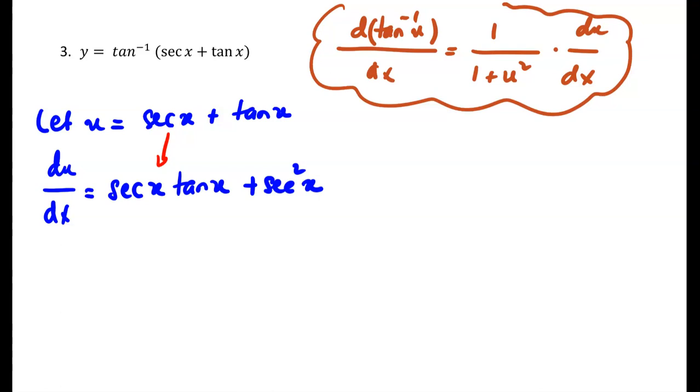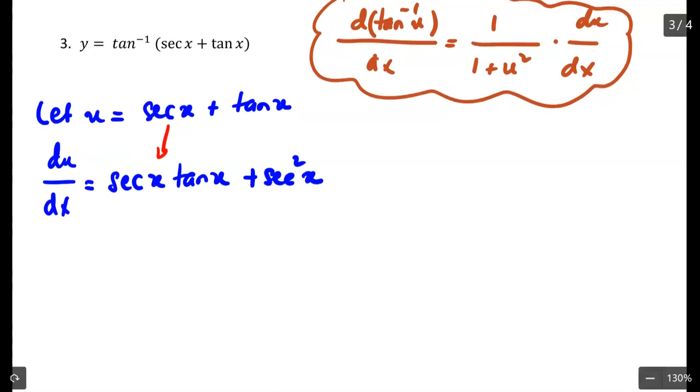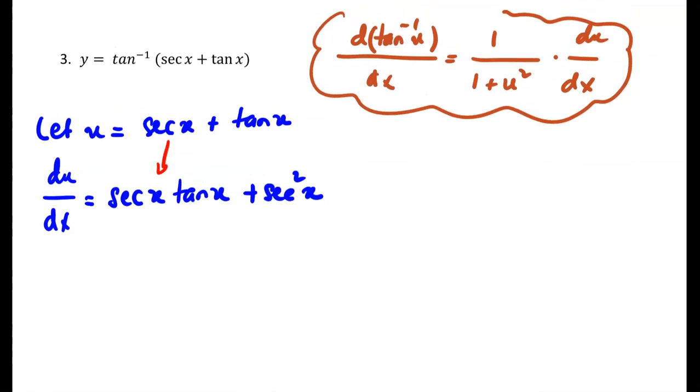Alright, so let's figure out secant squared plus tangent squared, because we have secant of x plus tangent of x, all of it in the bracket squared. Because you have to figure out the u squared in this case. Okay, so we can do it right away when we differentiate as dy over dx.